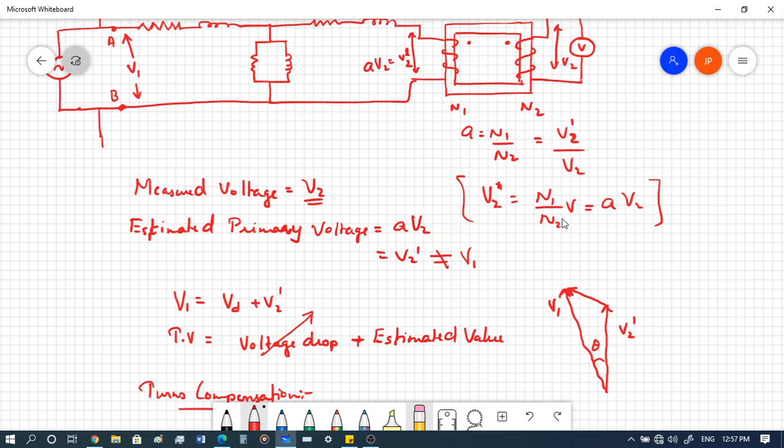We can just write this equation so we'll get a clear idea. V2 dash into N2 is equal to N1 into V2. So what we need to do is get a slightly higher voltage with V2. So we'll slightly decrease the number of turns in N1, by which we can get a slightly higher voltage in V2.